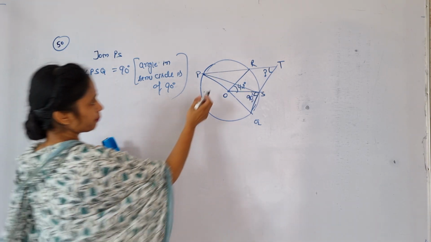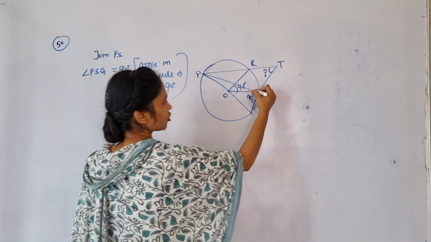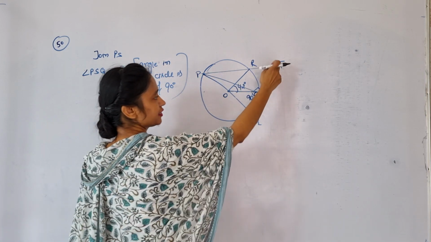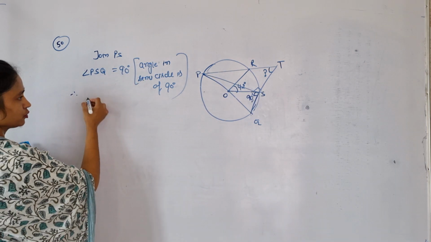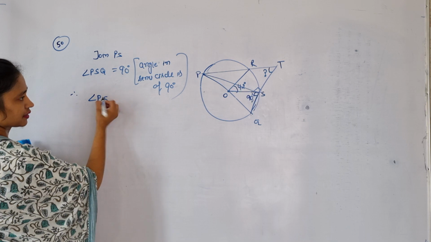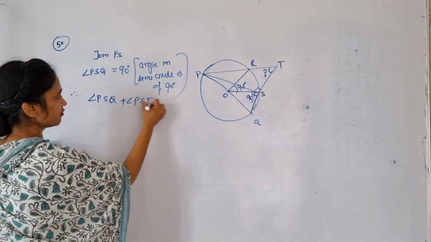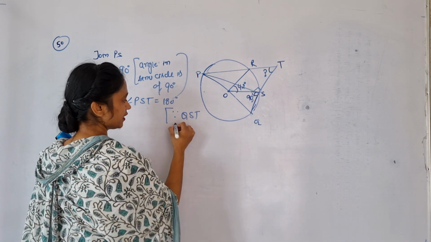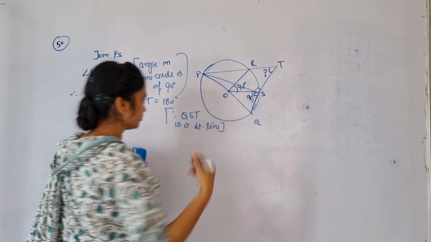Okay, so if PSQ is 90 degree, so this part will also be 90 degree, PST. Therefore you know that angle PSQ plus angle PST will be equal to 180 degree, because QST is a straight line.